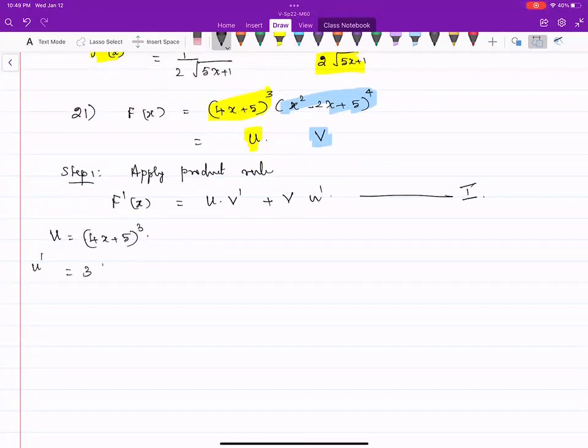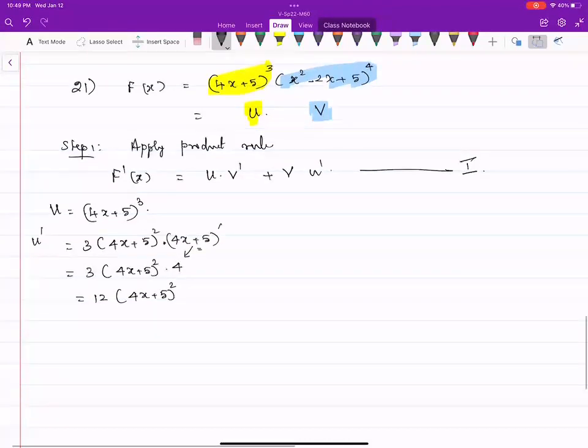It is the outer derivative: use the power rule for the outer derivative, keeping the inner function as is, times the derivative of the inside, which will be 3 times (4x plus 5) the whole square times 4, which is 12 times (4x plus 5) the whole square. The derivative of 4x is 4, the derivative of 5 is 0. That's why. So we got the first part.